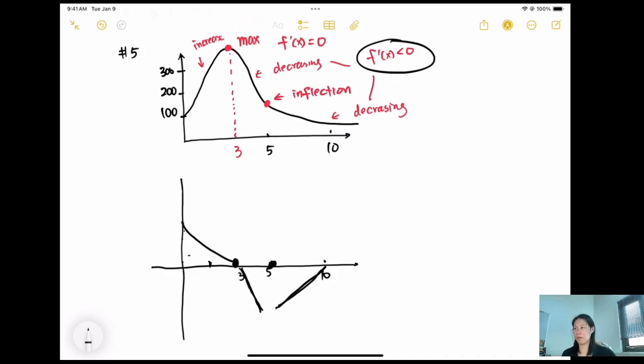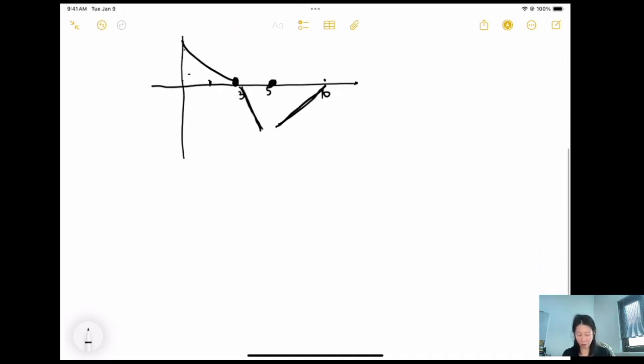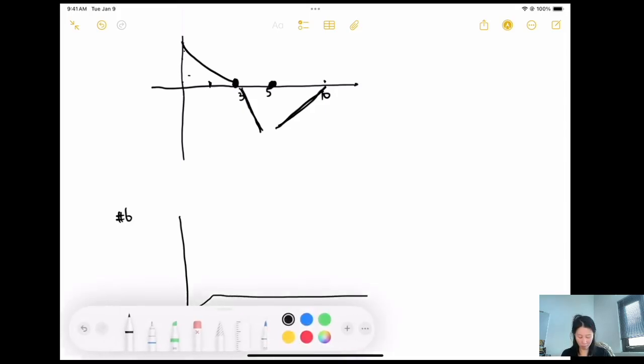Okay, now the second one. We analyze the graph in the same way. Number 6.